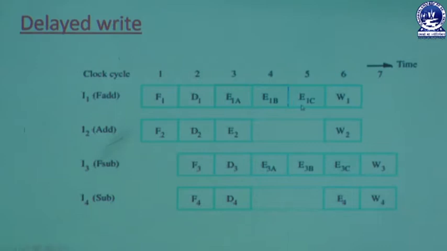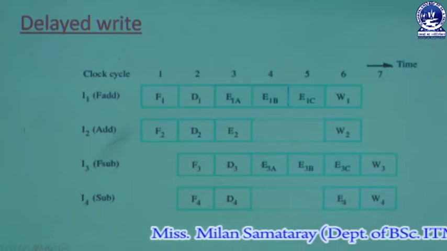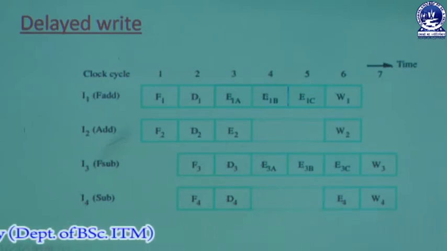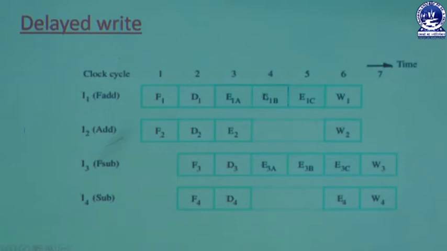As we have discussed, in superscalar operation we are using multiple execution units: one for executing floating-point operations, one for integer operations. So, in this diagram, to implement it using superscalar operation, we use only 2 execution units.